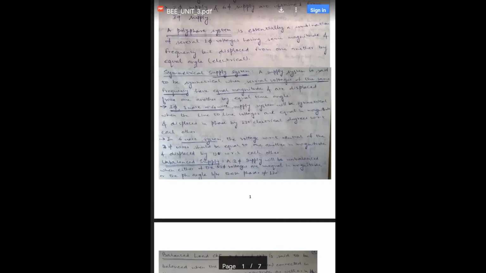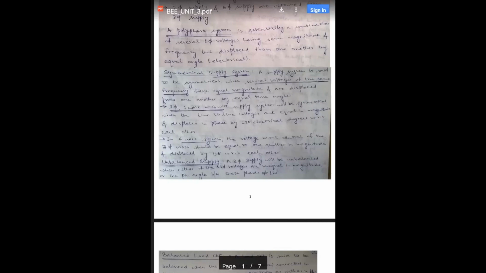Similarly, for three phase system, there are three conductors which are pivoted at a particular point. Okay, so the more conductors are moving in the magnetic system, the more they are cutting the flux which is passing from north pole to south pole.